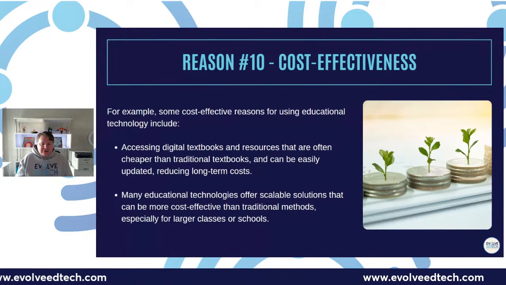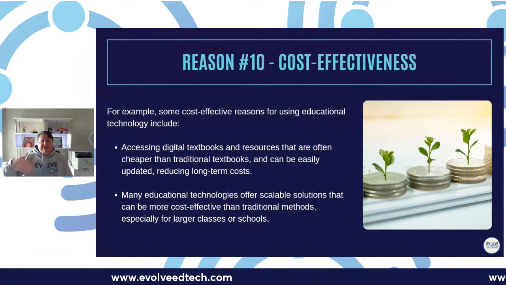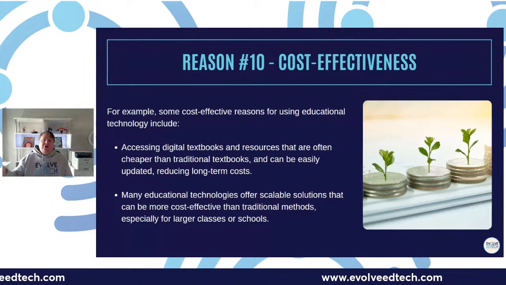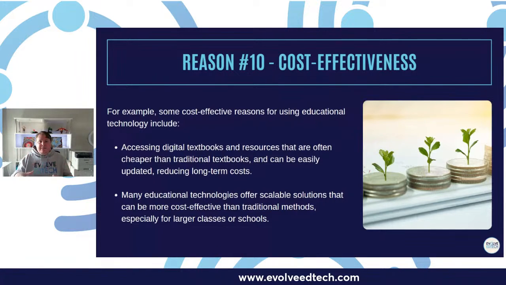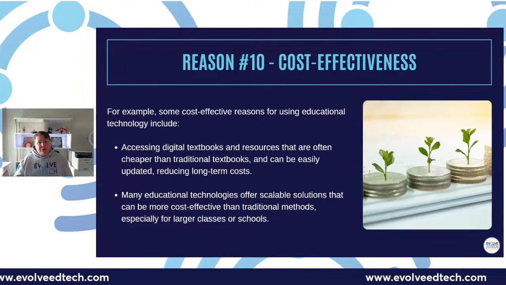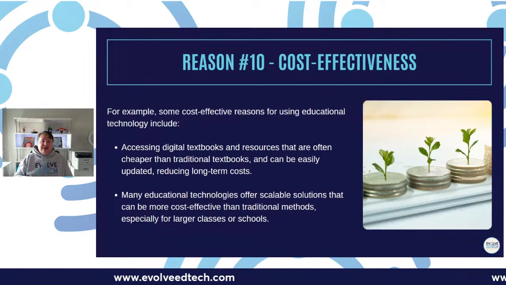A lot of those technology companies will have scalable solutions, so they'll be able to provide you with more. But obviously, when you add on more, you do add on more costs. But normally those costs are reduced because the price per student reduces. So they have the ability to help you access that particular tool with more students in a way that is cost effective.